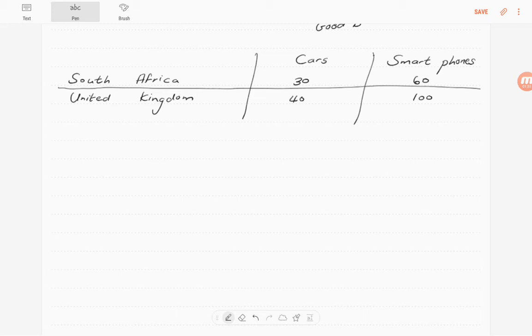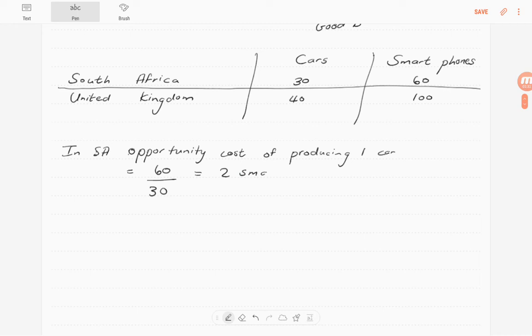So, for example, in South Africa, the opportunity cost of producing one car is equal to 60 over 30, which is equal to 2 smartphones.